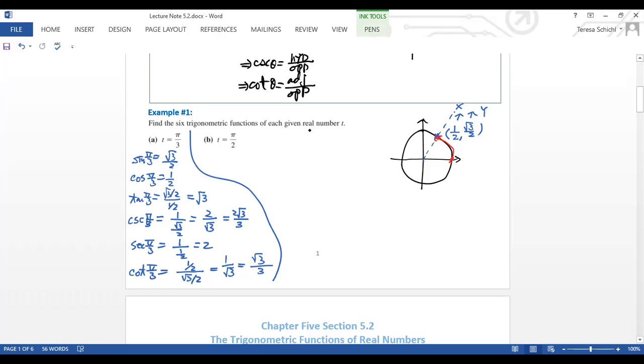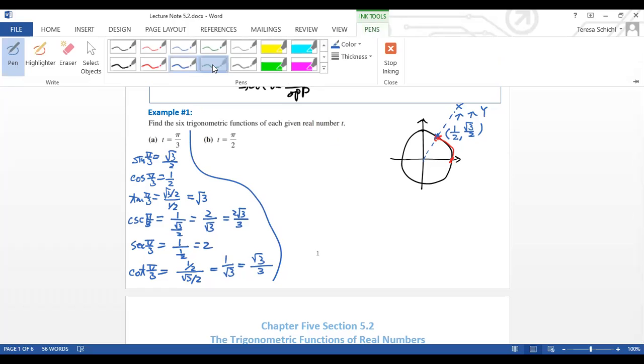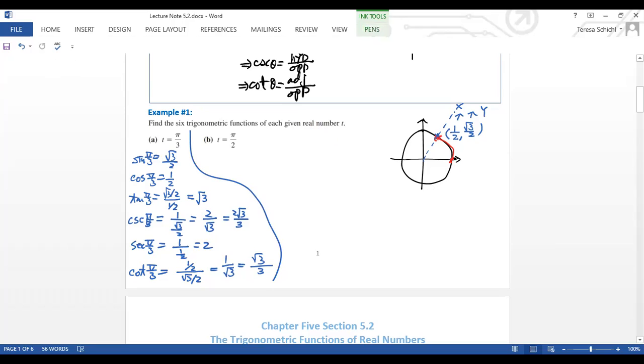Okay, part B. Now let's say my angle is pi over 2. That means I travel over here, pi over 2, right? So what is the terminal point here?